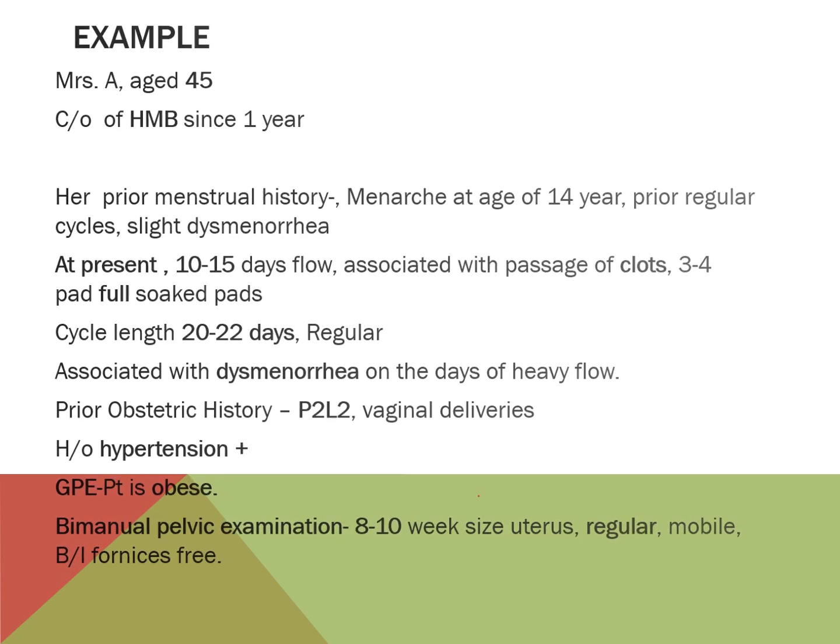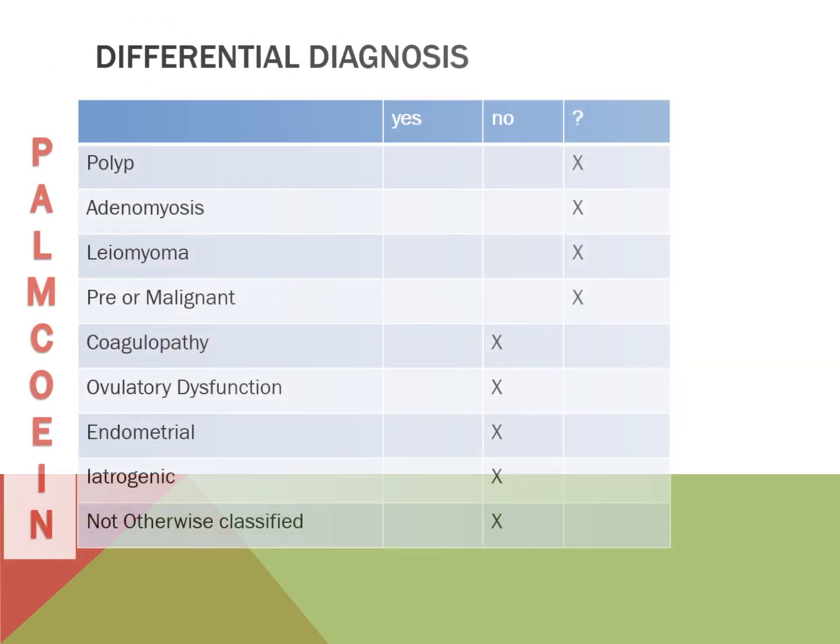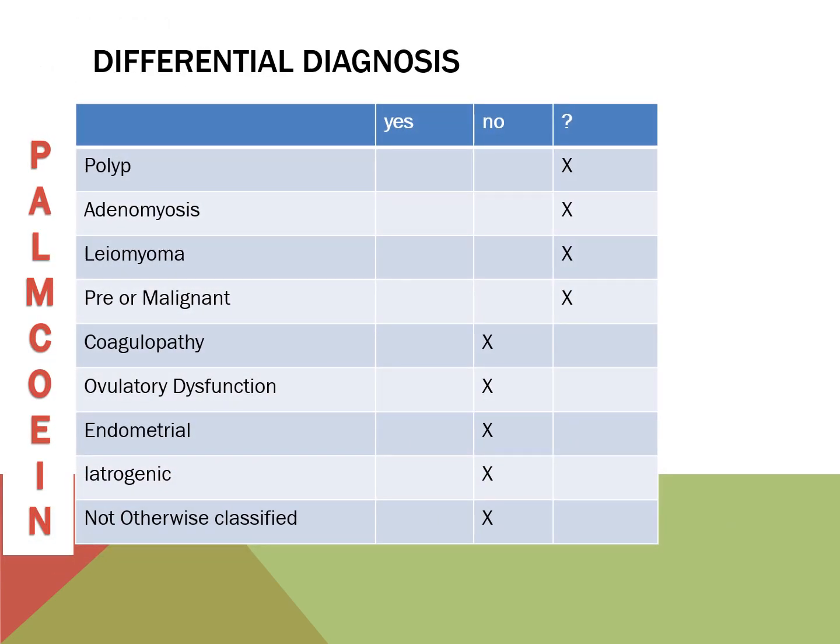The differential diagnosis, here we can write it in tabulated form, as you can see. Can I say that there is a polyp? There can be the presence of an endometrial polyp, yes.